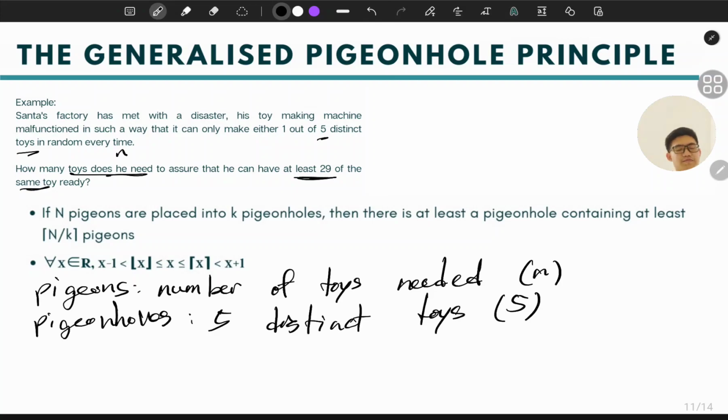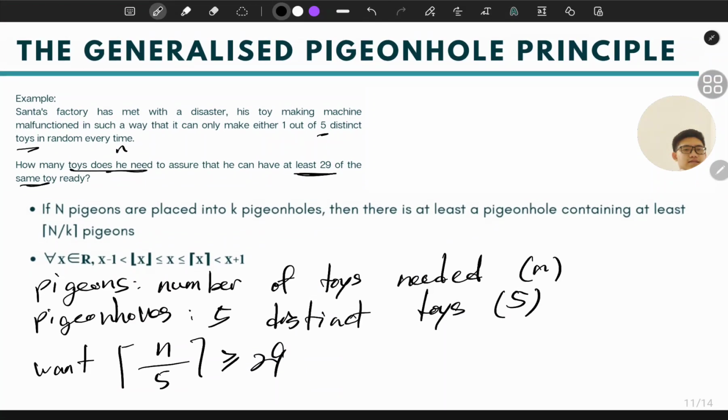So therefore by the generalized pigeonhole principle, we want the ceiling of n divided by 5 to be greater than or equal to 29. Now, note that this is not your normal arithmetic operation.